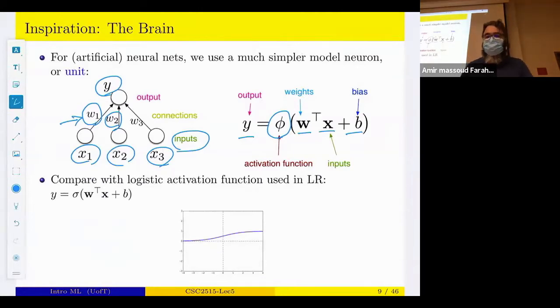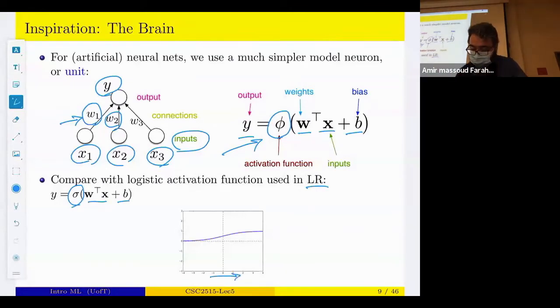Just as an example, maybe we can compare this model of each neuron with the logistic activation function used in logistic regression. Logistic regression was essentially computing W transpose X plus B and passing it through an activation function, which was a logistic activation function that looked like this.